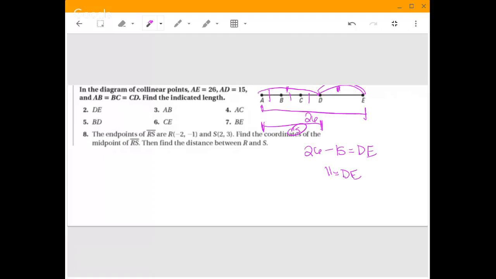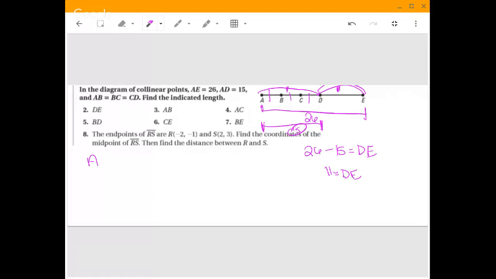Now, if we look at AB, to find the length of AB, the only thing we know about that part is the whole length of A to D, right? Mm-hmm. So if we know the whole length of A to D, then we think about each individual section there. We know AB, BC, and CD are all the same, right? Right.